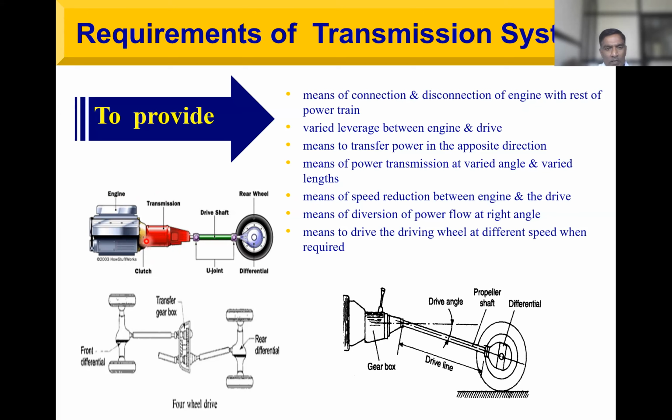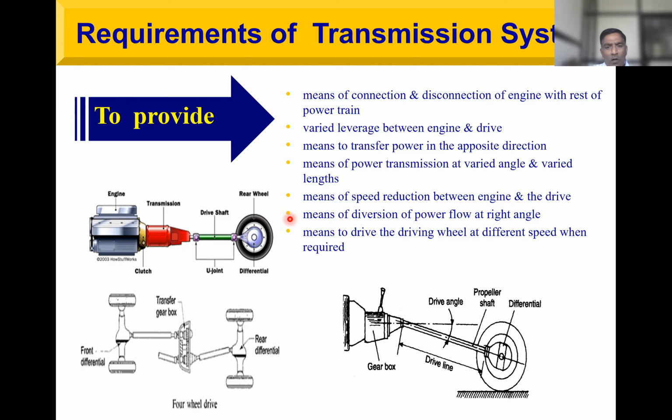Then that speed is given to this transmission system, and transmission system output shaft is rotating with, for example, 500 RPM, and that 500 RPM needs to be reduced. How to reduce that speed? By providing final drive. So at the end of propeller shaft, pinion is provided, and that pinion is in mesh with the crown wheel. So pinion is having less number of teeth as compared to the crown wheel, and by that combination we can get means of speed reduction between engine and the drive.